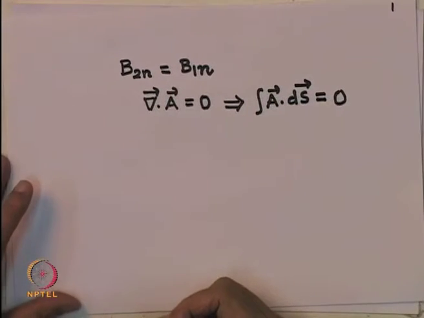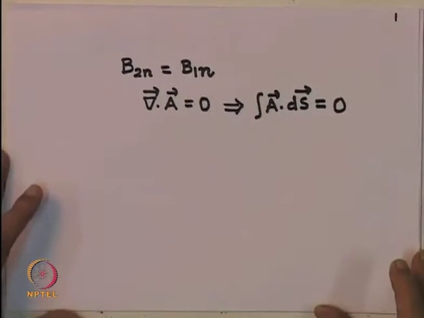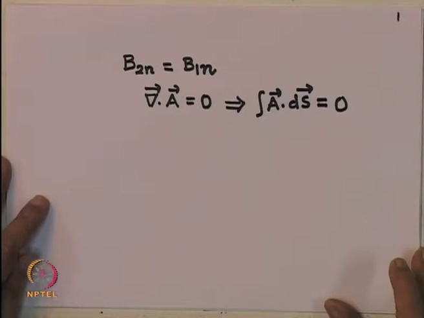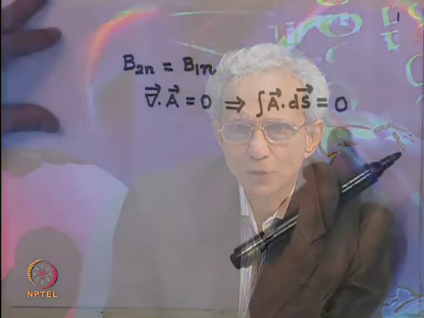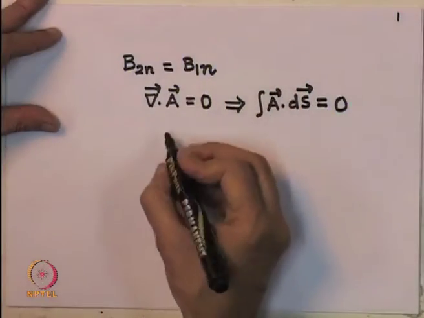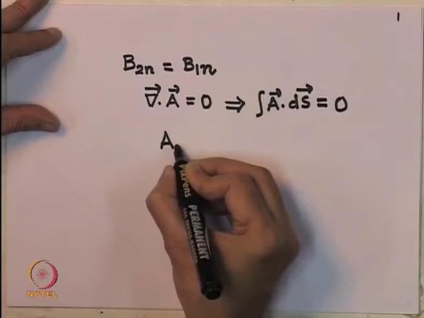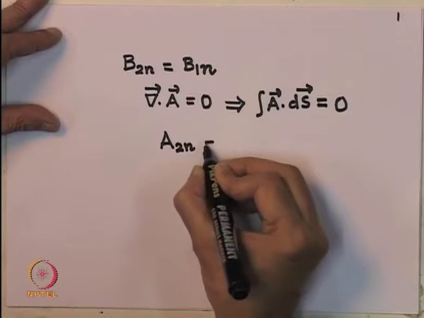And just the way we had shown that integral B dot dS equal to 0 gives me B1n equal to B2n, integral A dot dS equal to 0 will lead to the normal component of A, namely A2n, being equal to A1n.